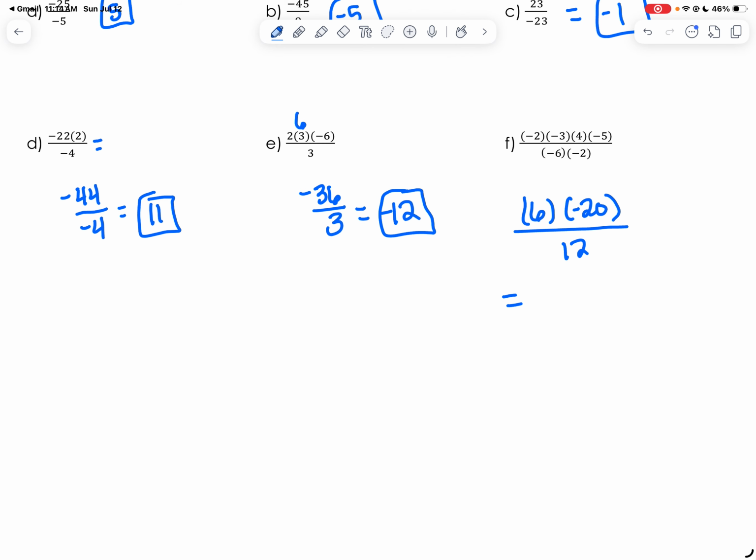All right, let's simplify that a little more. 6 times negative 20 would be negative 120 divided by 12. Now, negative 120 divided by 12 is 10. And because the signs are different, I know my answer is negative 10. And that concludes today's lesson, multiplying and dividing integers.